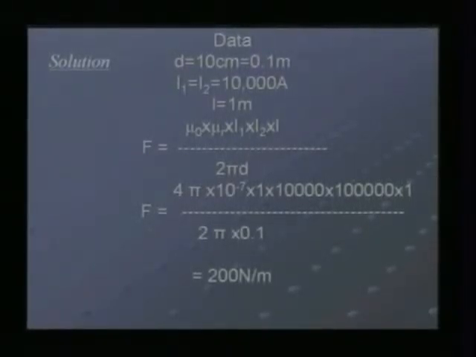Now, substituting the values, mu naught is equal to 4 pi multiplied by 10 power minus 7, mu r is 1 because they are spaced in air, I1 and I2 are 10,000 amperes each, and L is equal to 1 meter, by 2 pi multiplied by the distance between the two parallel conductors, 0.1 meter. Therefore, the force between the two parallel current carrying conductors is 200 newtons per meter.